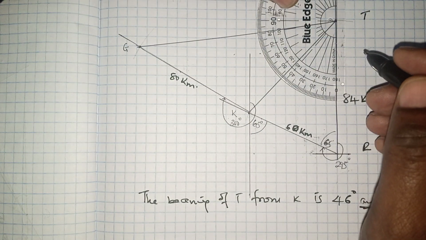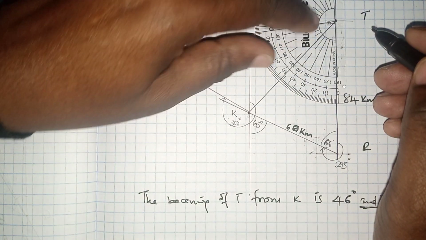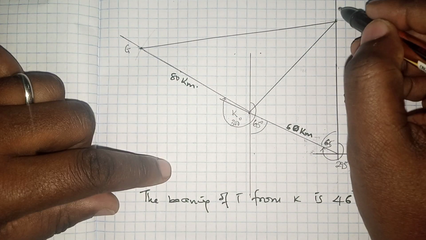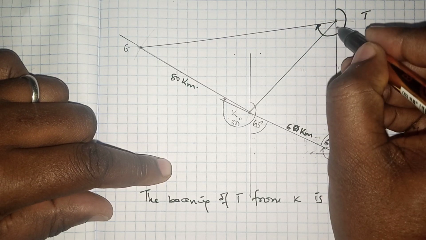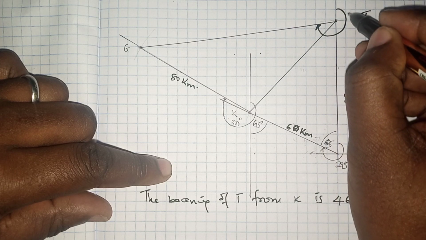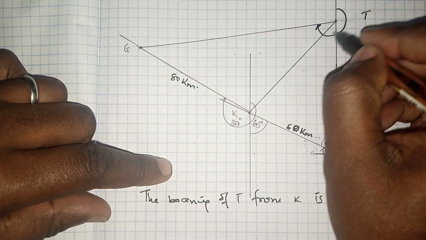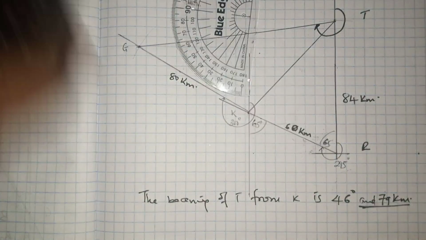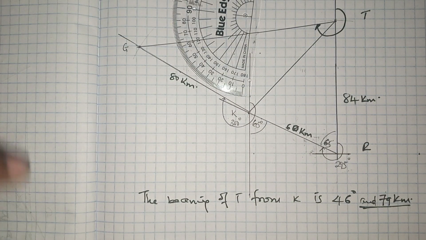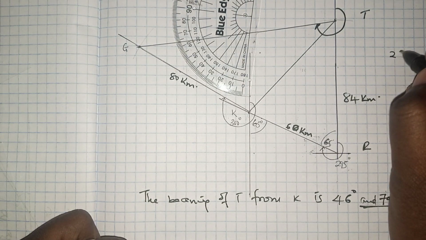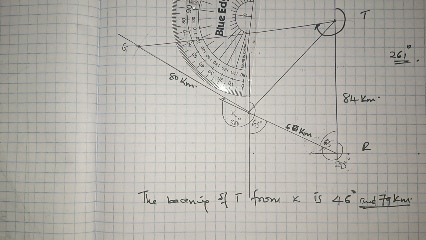But remember, if this is 81 degrees, the bearing of G from T is the whole of that angle, so we have to add 180 degrees. 180 plus 81 is 261 degrees. Let's put it down there, 261 degrees, and measure the distance.